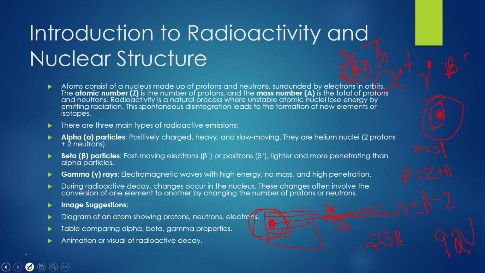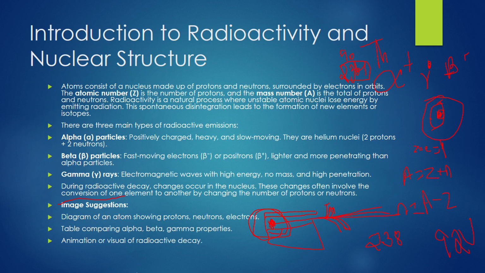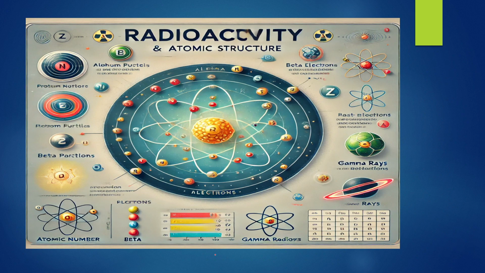Next, this is the image suggestion: a diagram of an atom showing protons, neutrons, electrons. This is the diagram which you can find on Google, or just take a screenshot of this diagram. Here I have shown everything. These are electrons in their paths, and this is the nucleus, with proton particles and neutron particles.